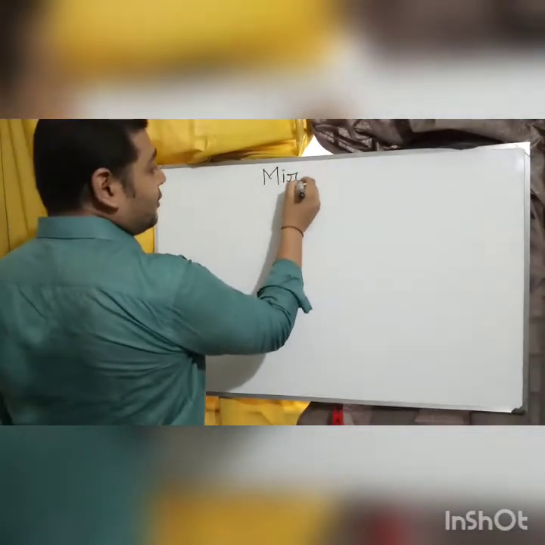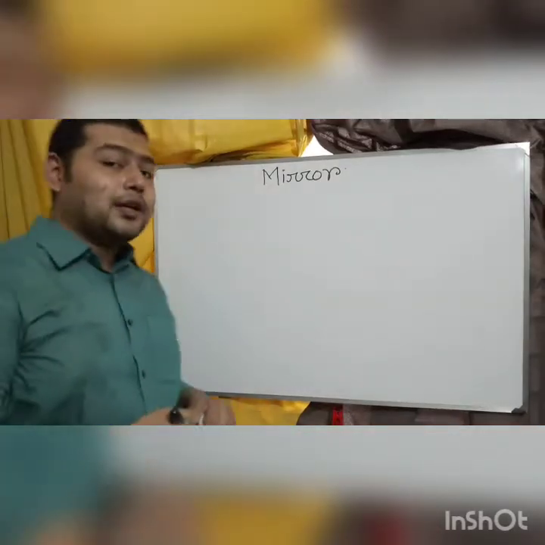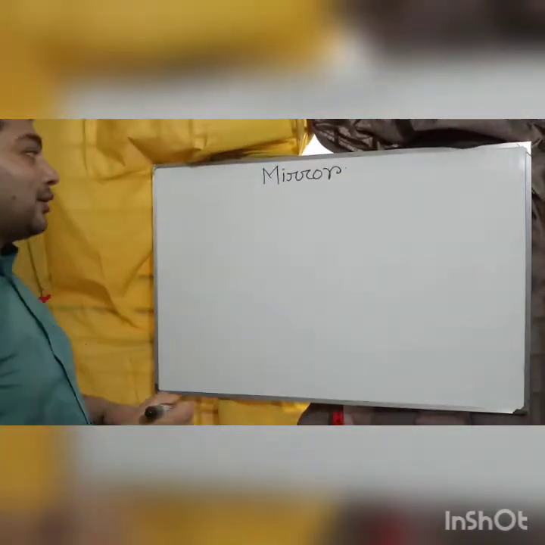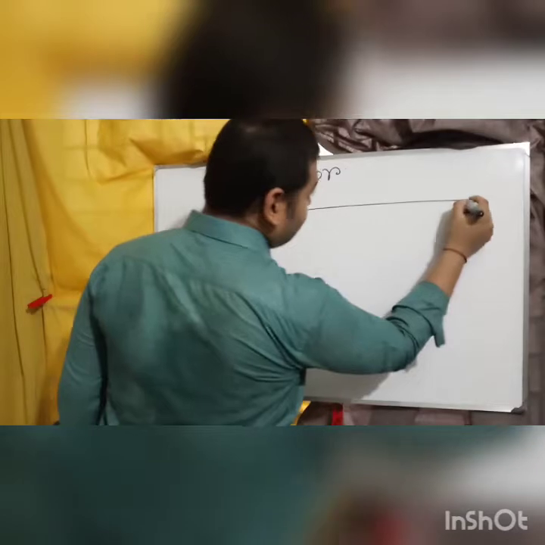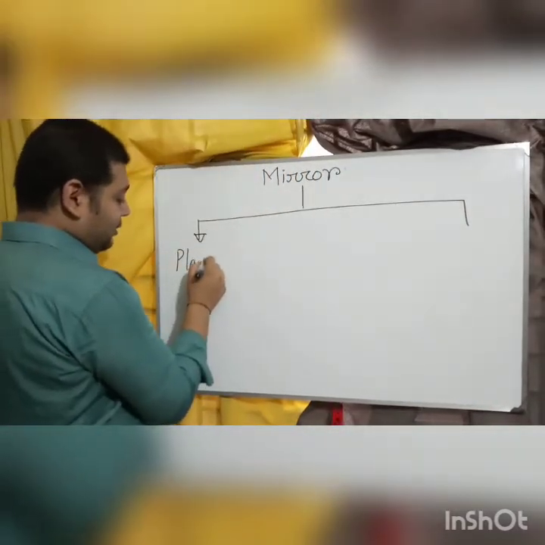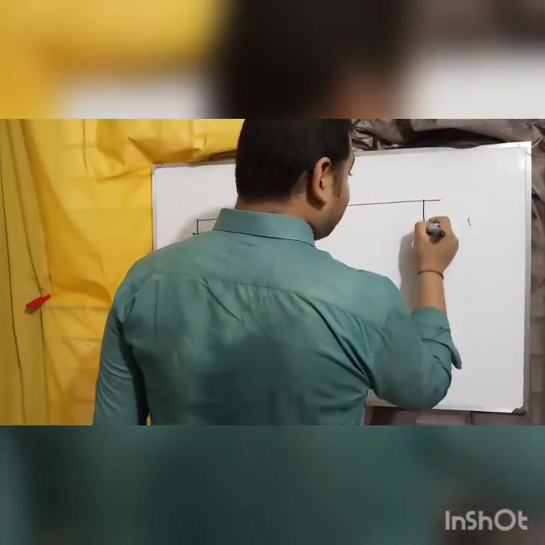Mirror is a reflecting surface. We have two types of mirror. One is plain mirror, and another is spherical mirror.